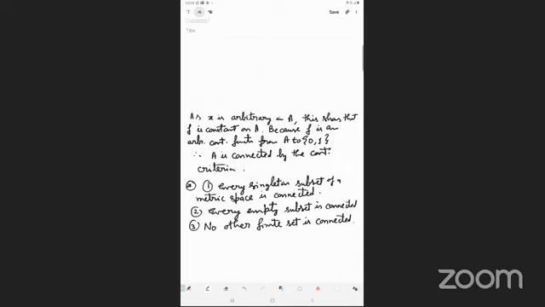I'm writing the question, that is important. You can think about that. Are there any other countable connected subsets of a metric space.